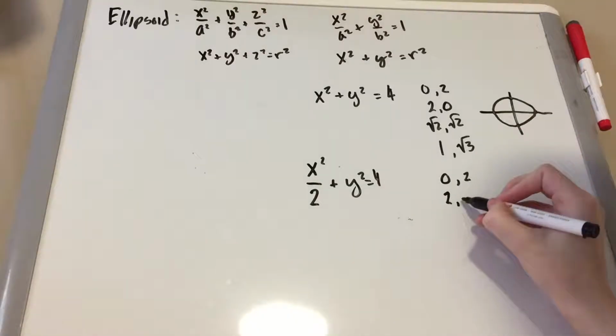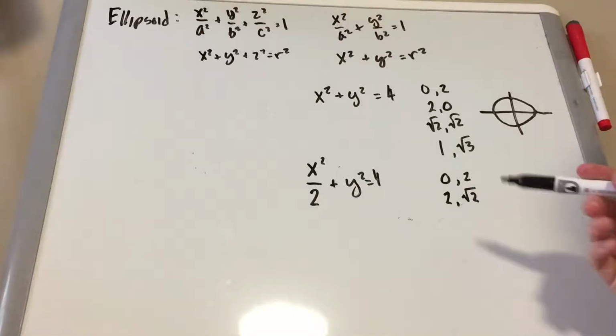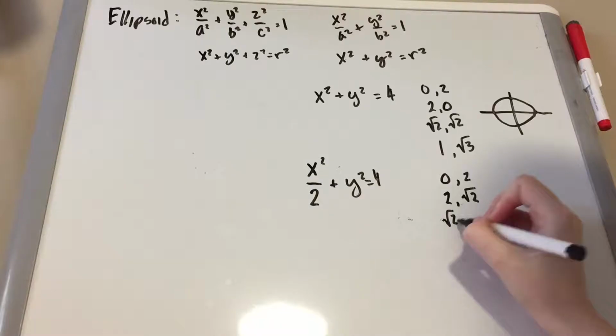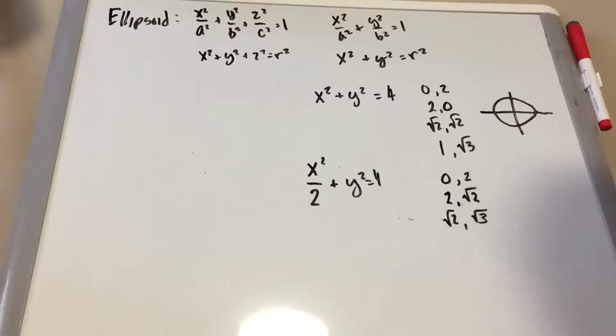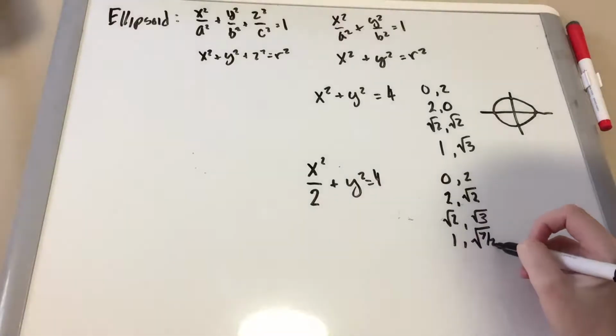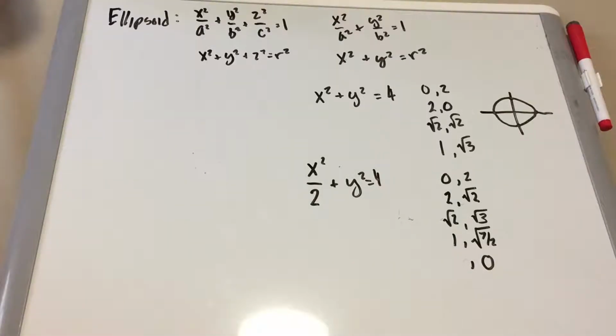And therefore we'll need square root of 2, not 0. Likewise, if we put in square root of 2, we get 1, and then need square root of 3. If we put in 1, we get 1/2, and need square root of 7/2. And if we have 0 for y, we'll get that x squared equals 4 times 2, so x squared equals 8, so x is going to equal square root of 8.